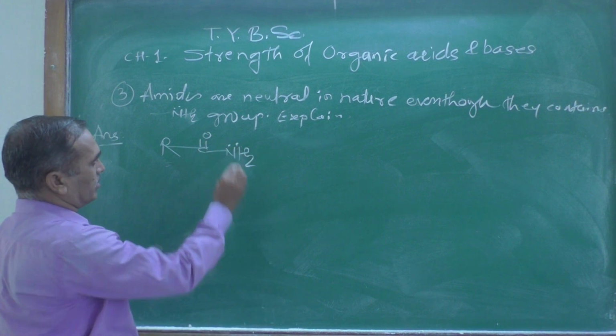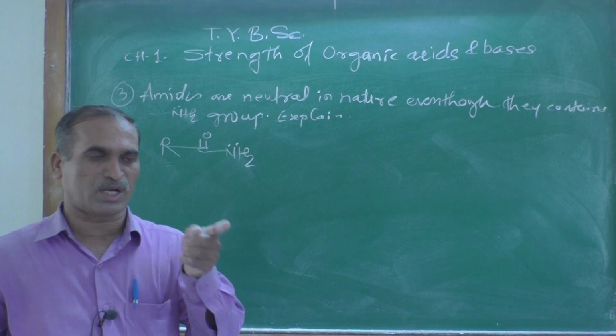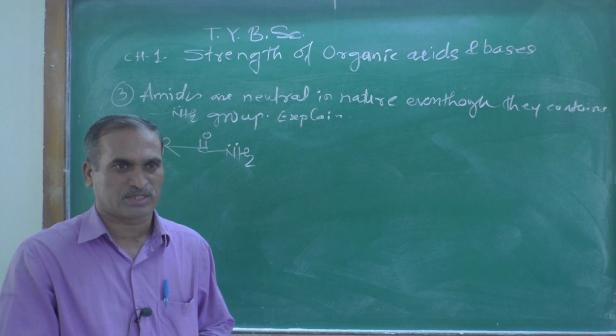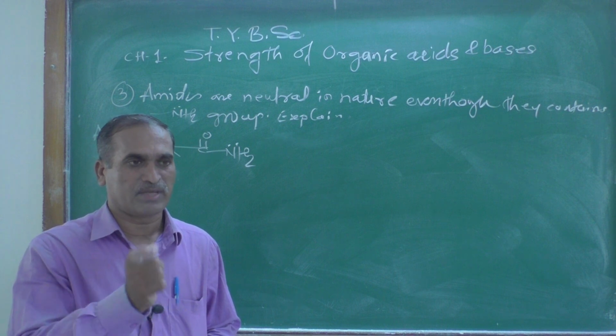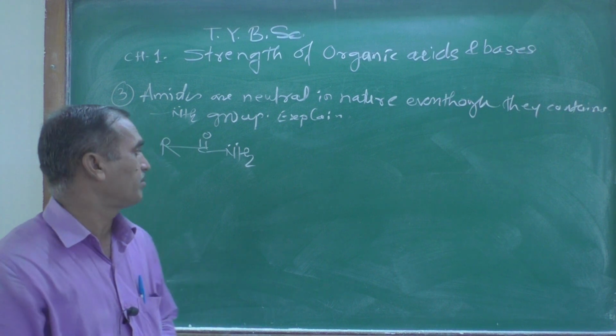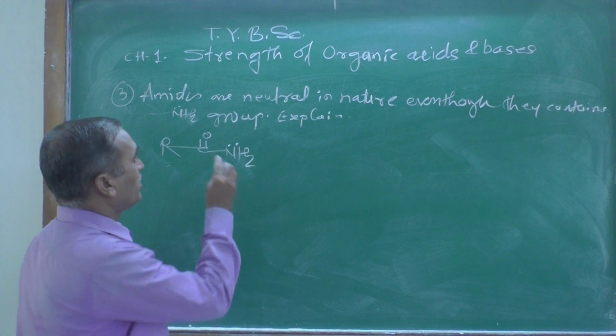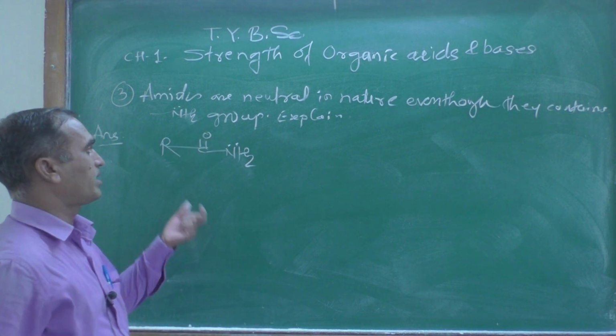Now look here at the lone pair which is present on the nitrogen atom. According to Lewis, a base should act as a Lewis base, but here this lone pair is not available for donation. It is involved in the delocalization. Why?